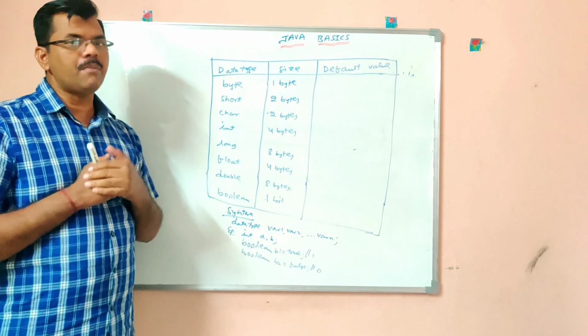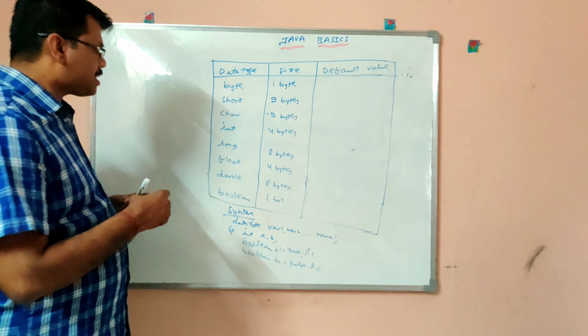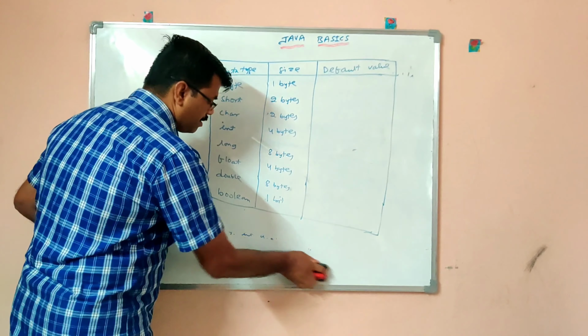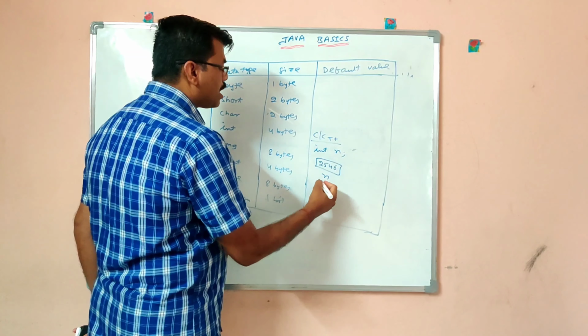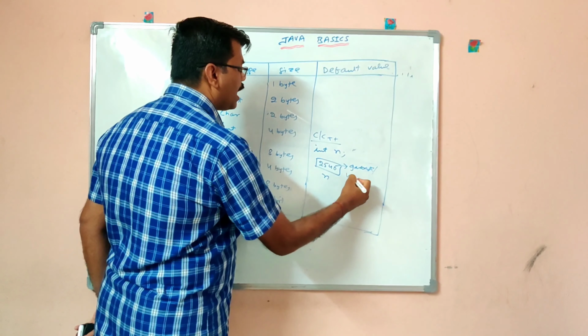And the next one, very important one, default value. When you take programming languages like C or C++, whenever you declare a variable, for example int n, it is going to occupy some memory space for the n variable, and the value it stores is some unknown value, which we call garbage value.